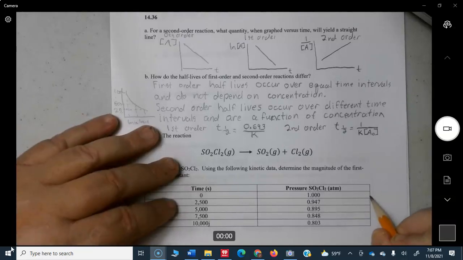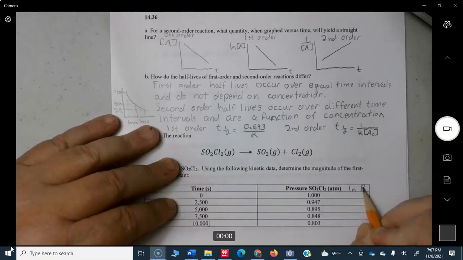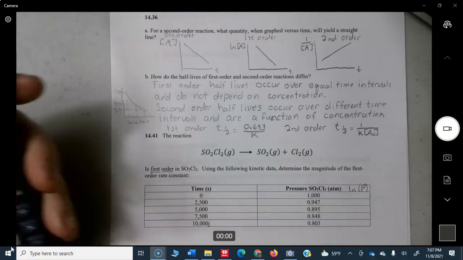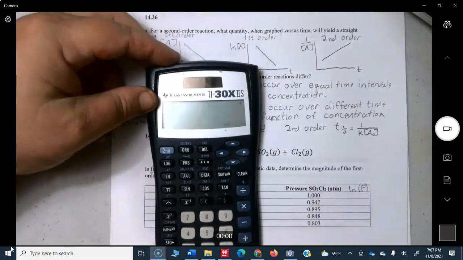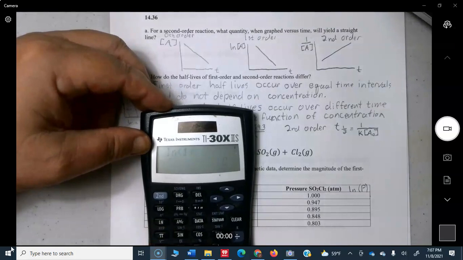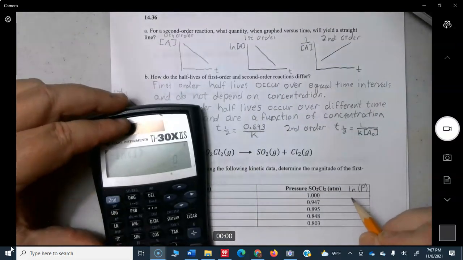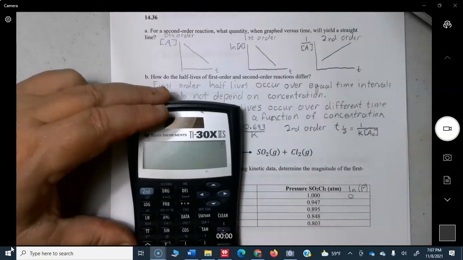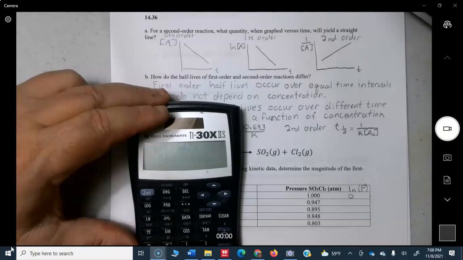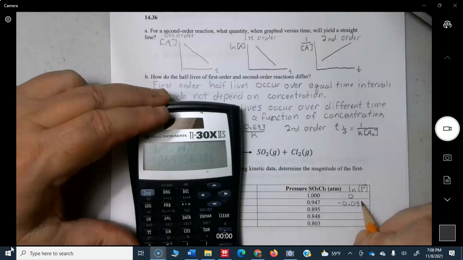Okay, so we're going to take the natural log of each of these, and then the differences. I'll write that right over here: the ln of the pressure. I'll do those very quickly. I'll just show you the very first one. Natural log of 1 gives us 0. Natural log of 0.947 gives us negative 0.054. We'll just round it there.